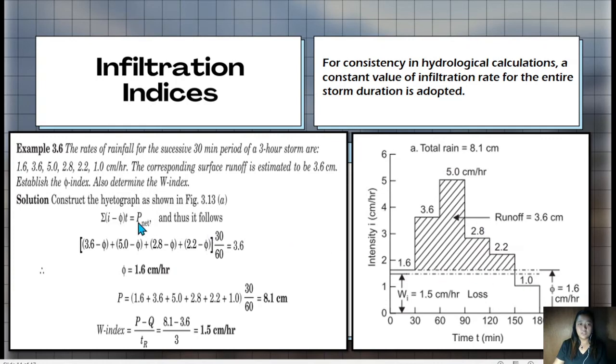So by following this formula, we get the phi index, which is 1.6 cm per hour. And for the W index, it is 1.5 cm per hour.